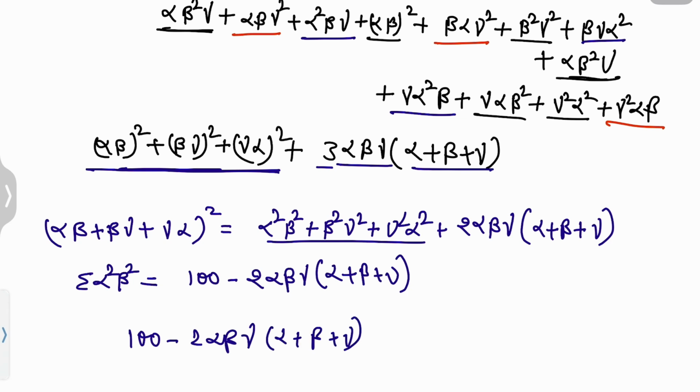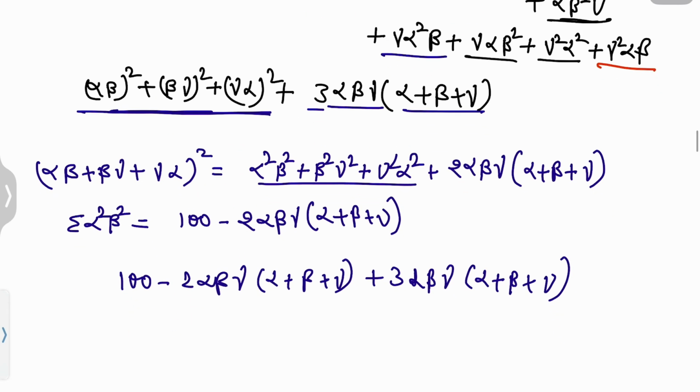And that time also this one is plus 3 times alpha beta gamma, alpha plus beta plus gamma. So only 100 minus 1 times alpha beta gamma and alpha plus beta plus gamma, right?